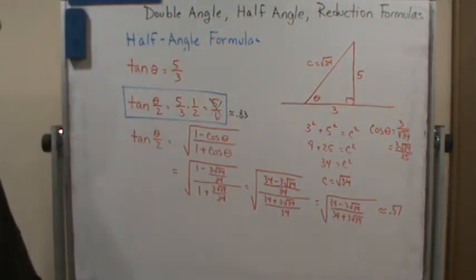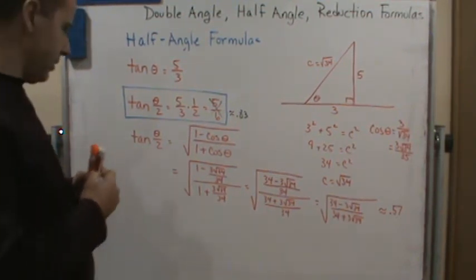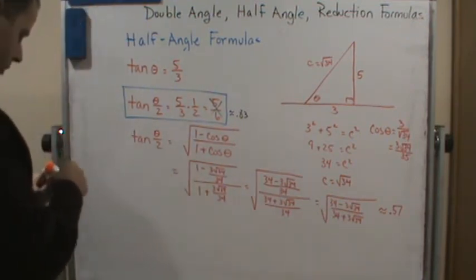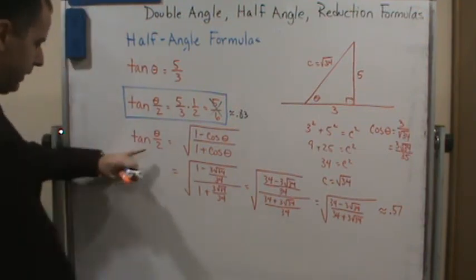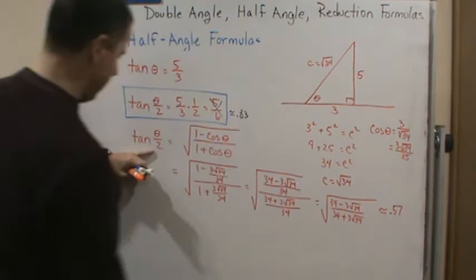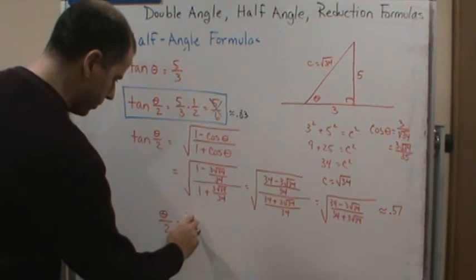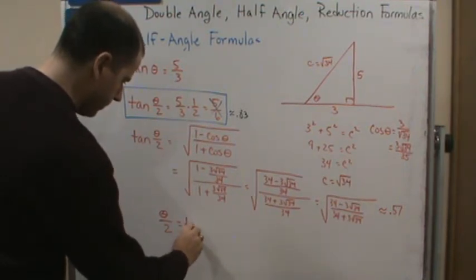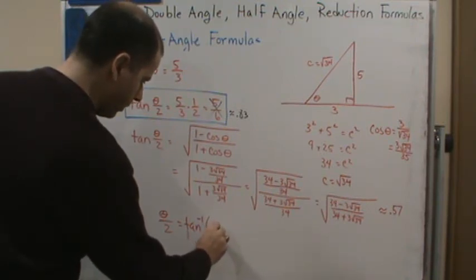Okay, so now 0.57. So now what we have to do is we have to use inverse tangent. So we're going to do inverse tangent of both sides, right? So inverse tangent here, inverse tangent here. So we're going to get theta over 2 is equal to inverse tangent of 0.57.